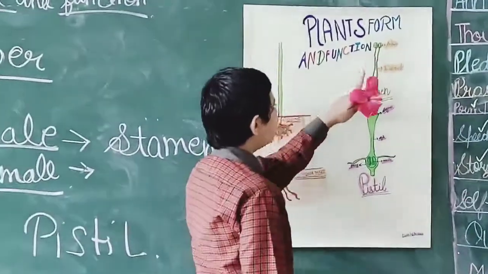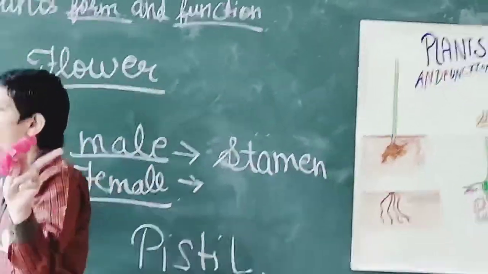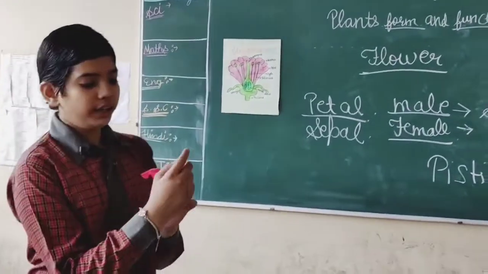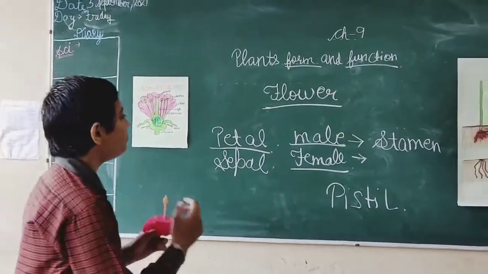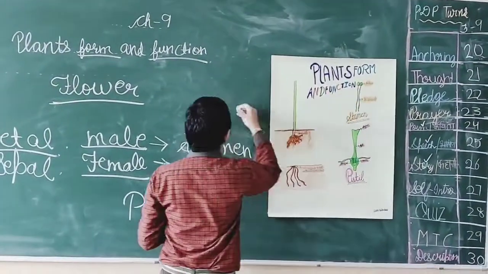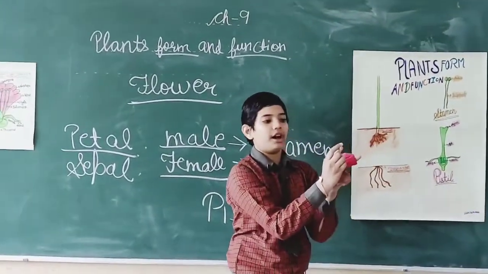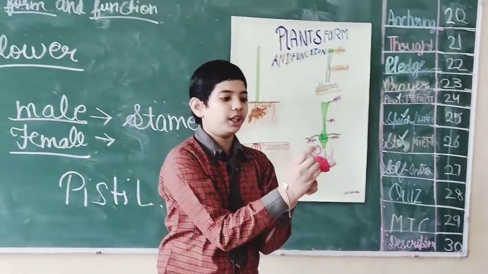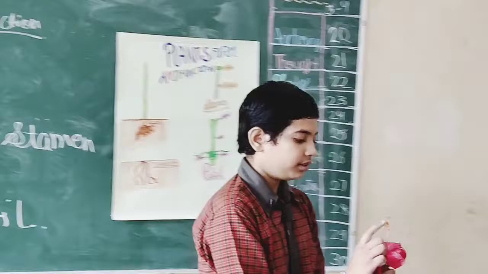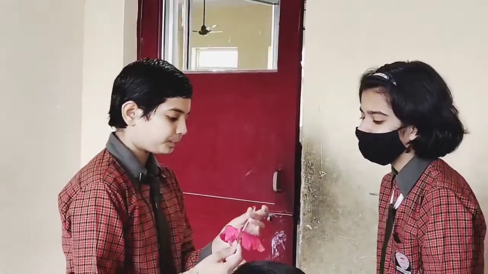As you can see in the diagram, this one is called the anther.